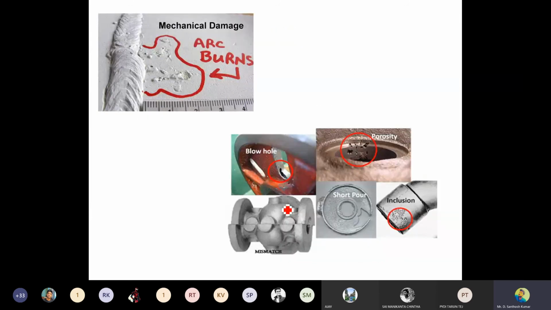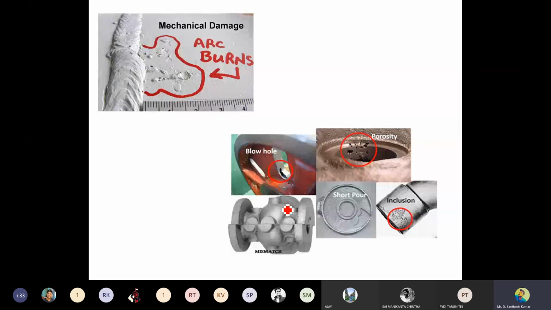So see, there are some more applications where you can go through this visual inspection. So see, this is the arc burns during the welding. For that also there is no need to go for any other equipment, you can easily identify it.